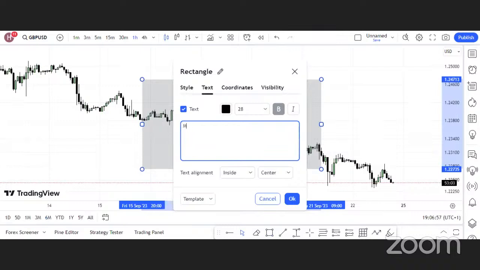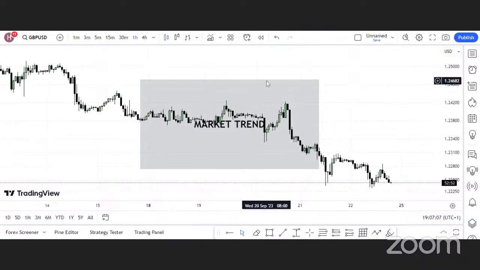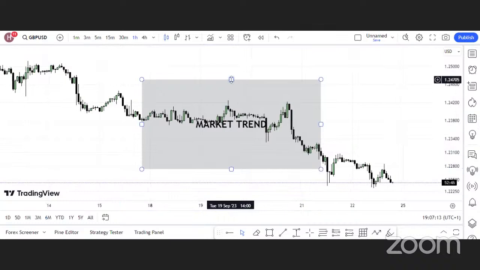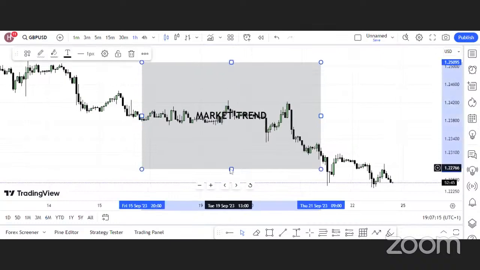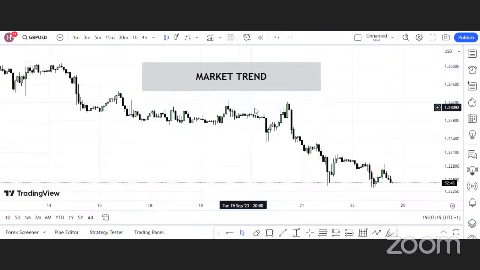Market trend. So for you to know the direction of the market, you use your trend. If you are able to get the overall trend of any market, you can easily tell where to enter a particular trade.